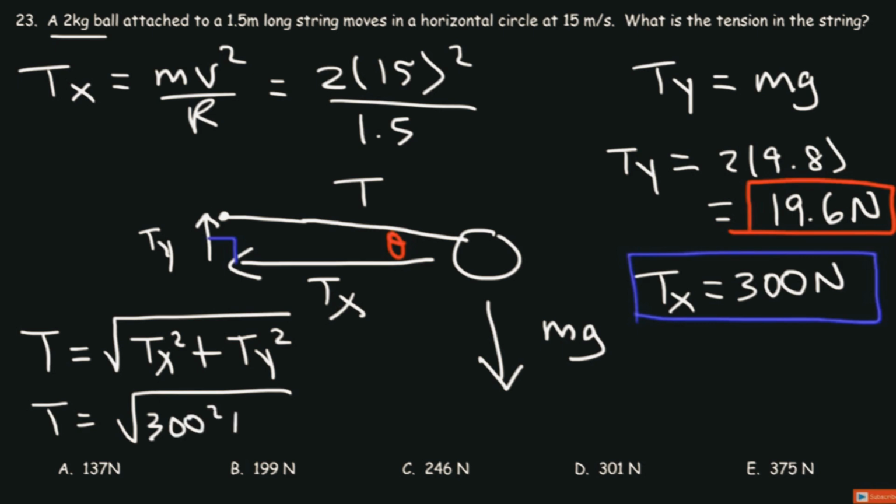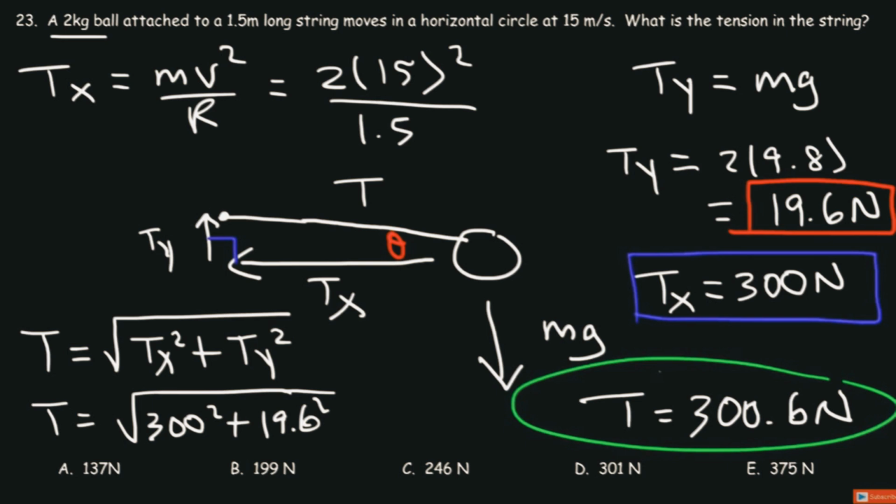So T is 300.6 newtons. So as we can see, T and Tx are very close to each other.